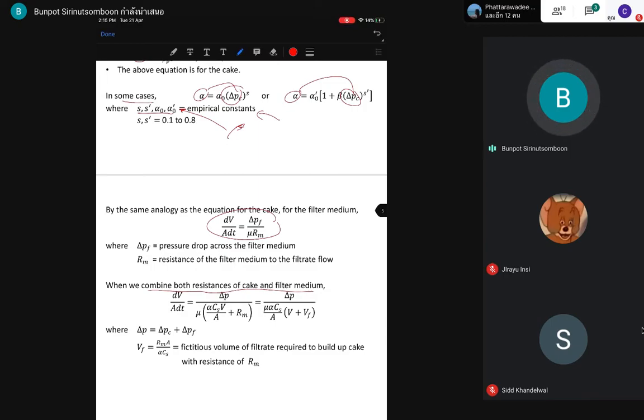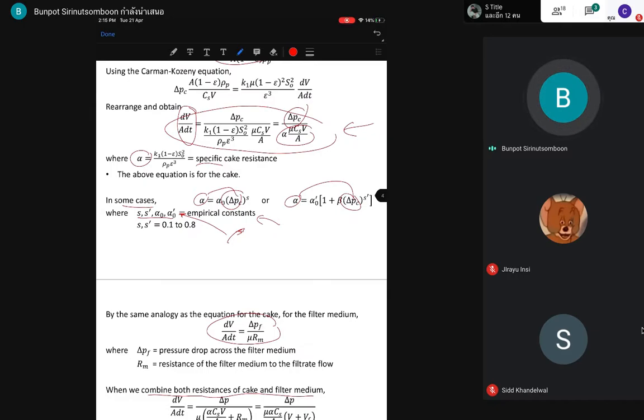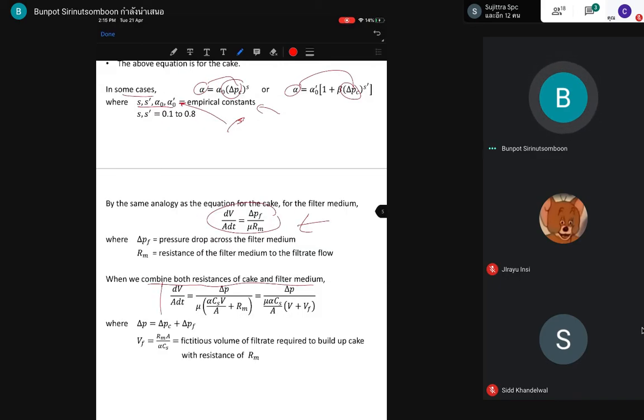So we can combine this equation and this equation together to derive this overall equation that relates the flow rate to the total pressure drop across both cake and filter, and is affected by both resistances, the resistance in the cake and the resistance in the filter.